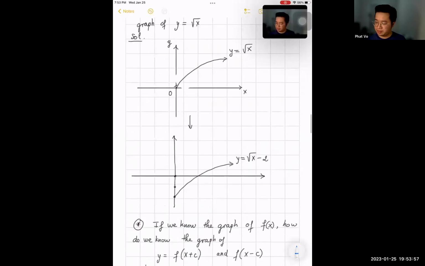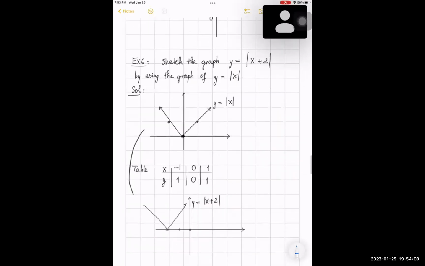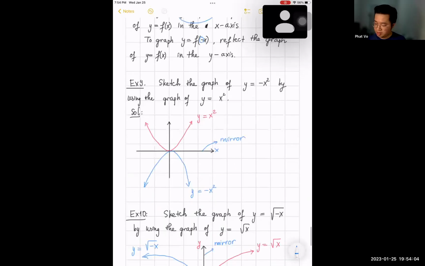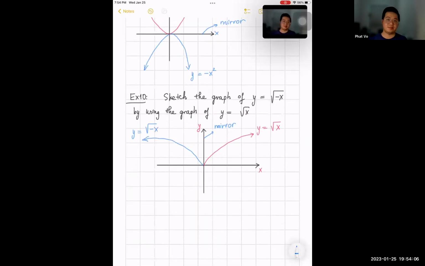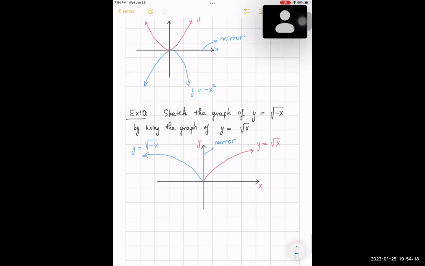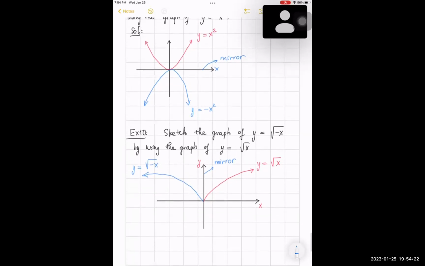Which example? The last one is example 10. What would that look like if we had to reflect it across the x-axis? What would the function be? Because we reflected it across the y-axis, but I want to know what the function would look like if we reflected it across the x-axis.